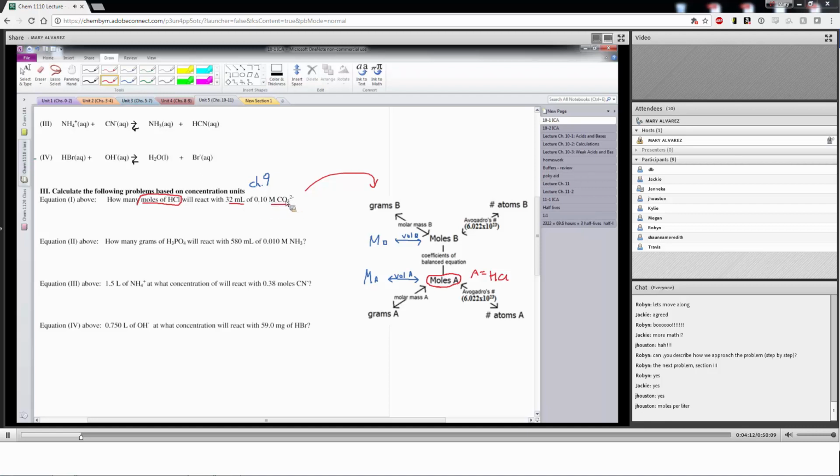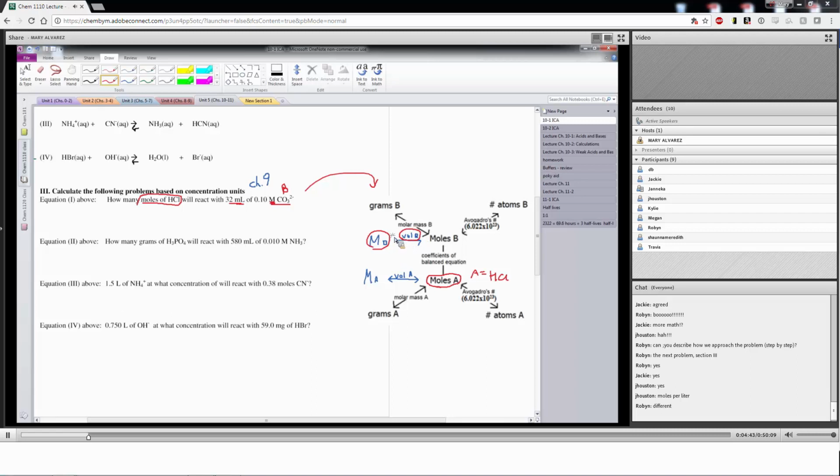Is this carbonate the same thing as HCl or is that something different? It's different. So if HCl is defined as A, then I better define my carbonate as B. So they gave me the molarity of B and the volume of B.